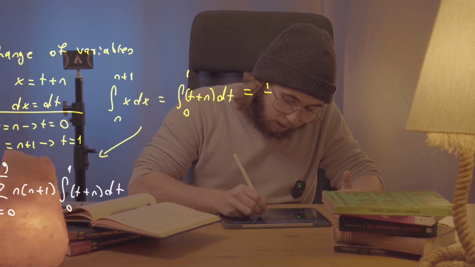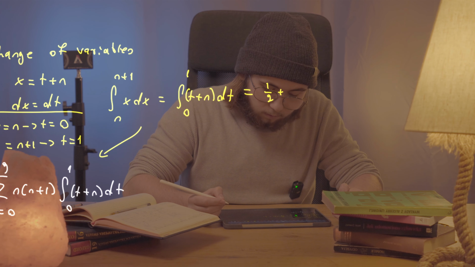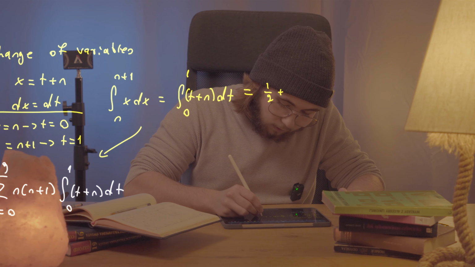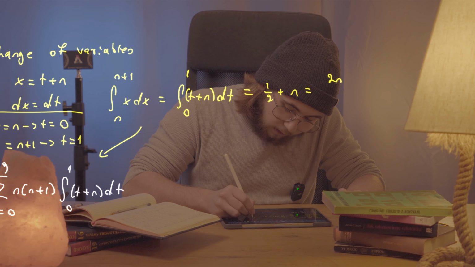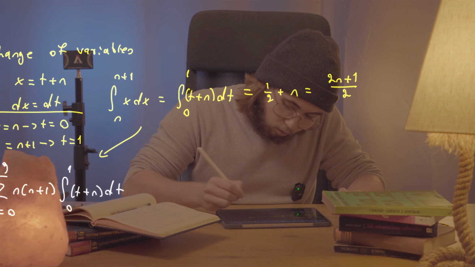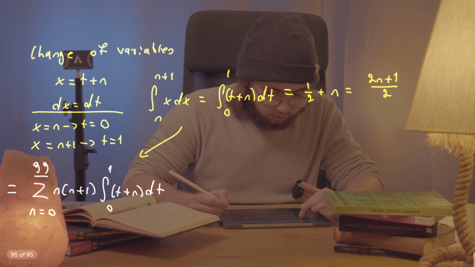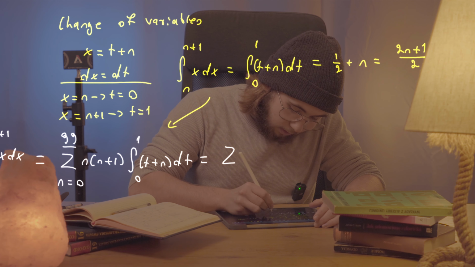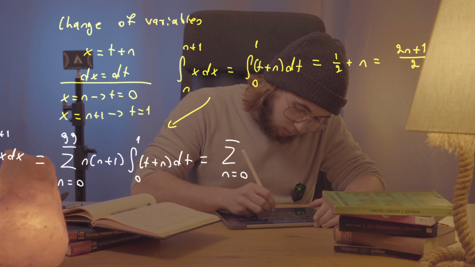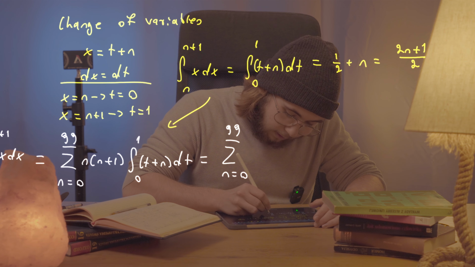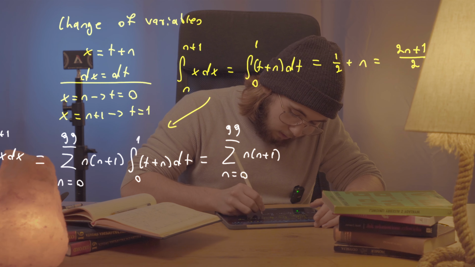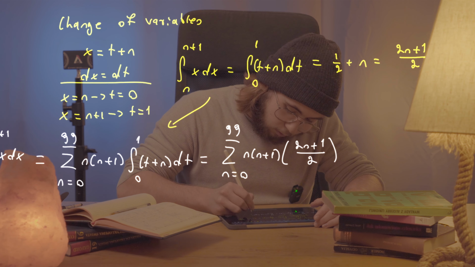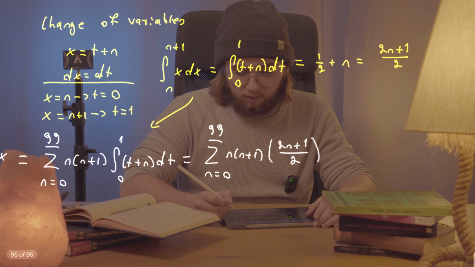So it's going to be 1/2 plus n. Lovely. And so it's going to be equal to (2n plus 1) all over 2. Perfect. So we can just go on and plug this in, getting the sum from n equal to 0 up to 99 of n plus 1 multiplied by (2n plus 1), all divided by 2. That's the expression.